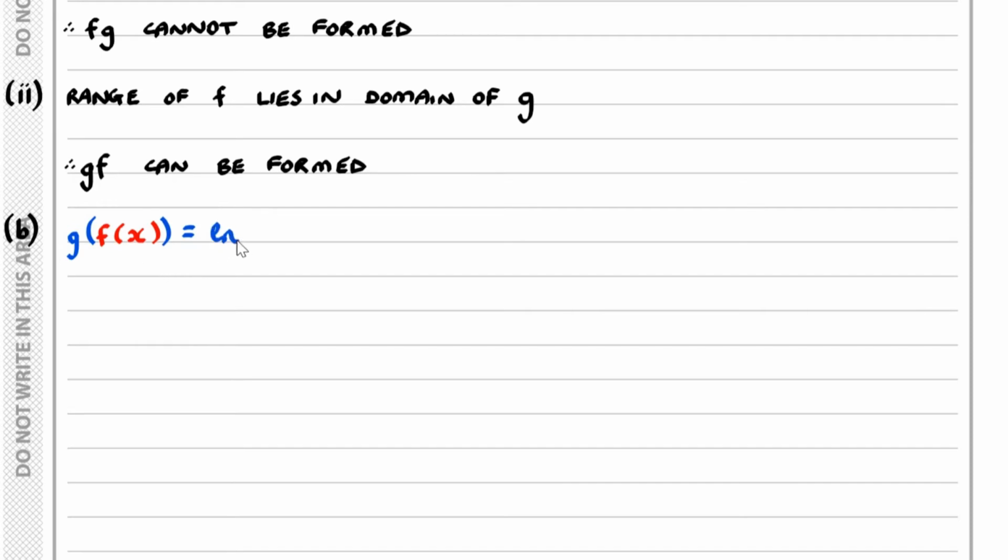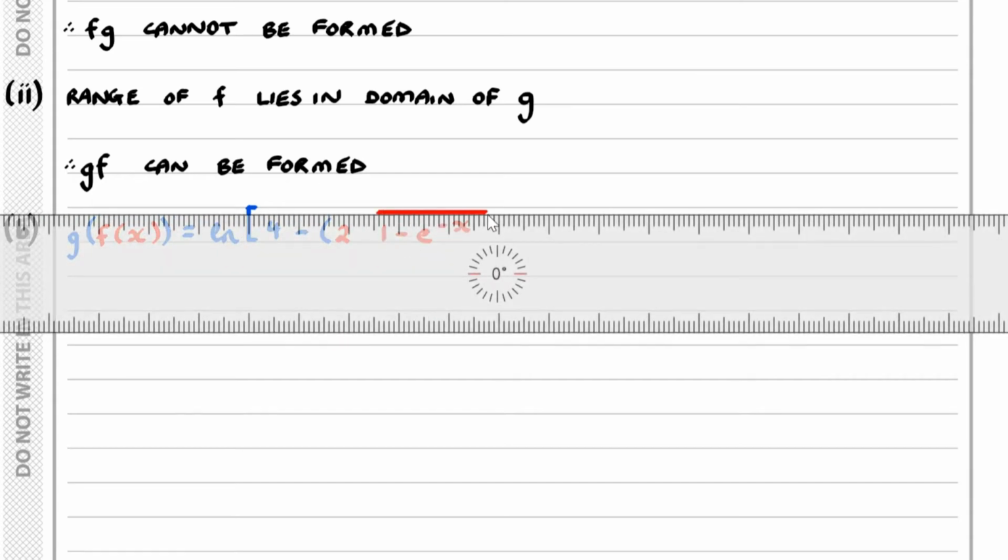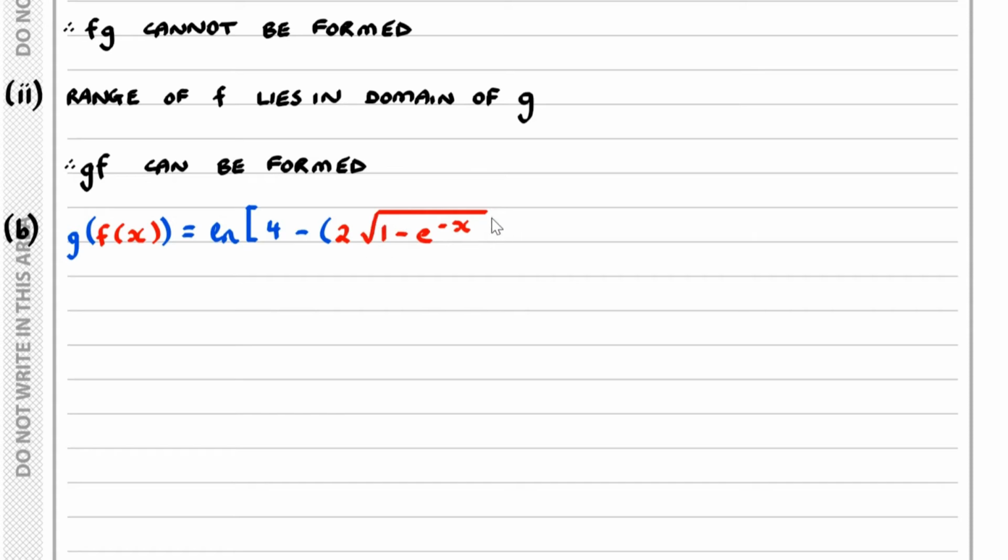So we have the natural log of 4, subtract the function f, which is 2 times the square root of 1 minus e to the negative x, all squared.